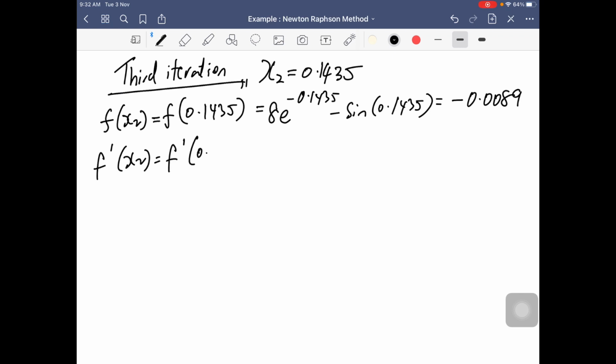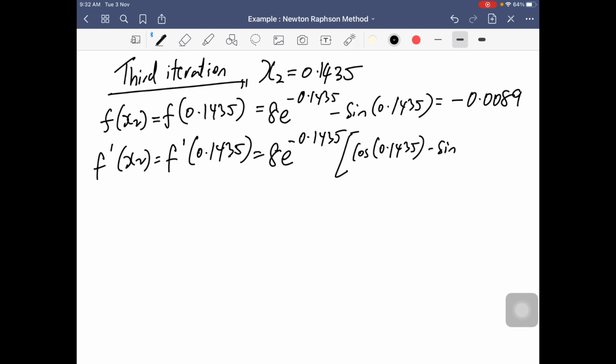So we substitute our x equal to 0.1435 into your derivative function. Here you should get 5.8682. Okay, so now we improve our root.